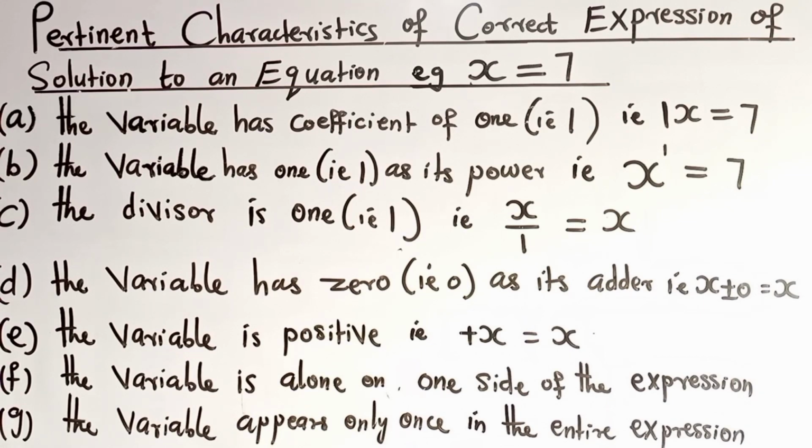So here, this x is alone here. Even if there are more things than this 7 on this right-hand side, as long as this x is alone this side, it is a correct expression.